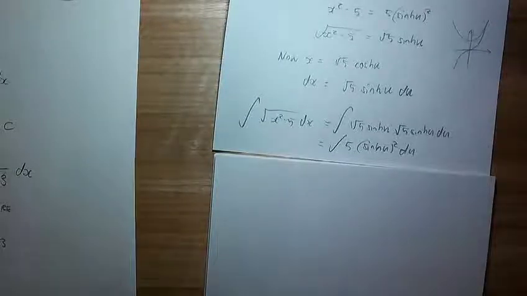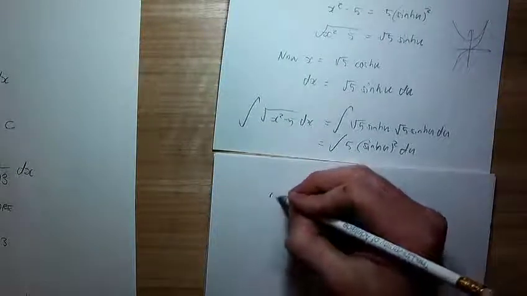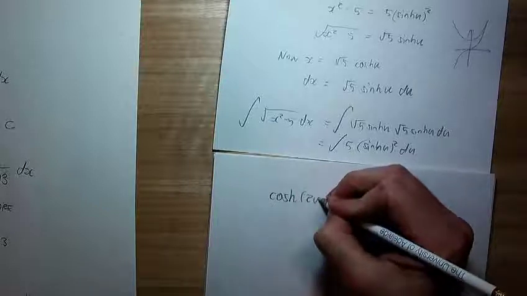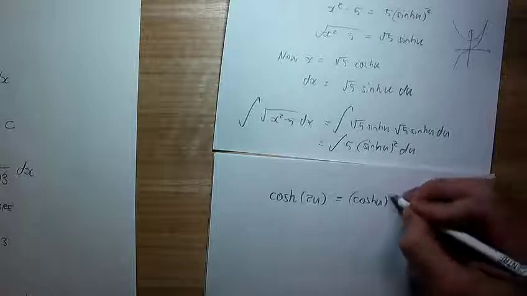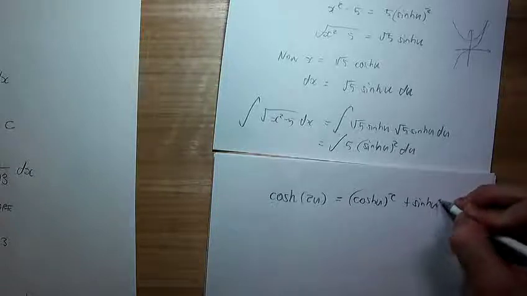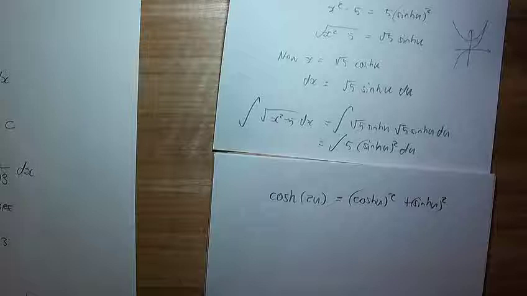I just need the double angle formula for cosh and sinh. Okay. It's exactly the same as the double angle formula for cos, only with a plus. Pretty sure. E to the 2x. Yes, okay.